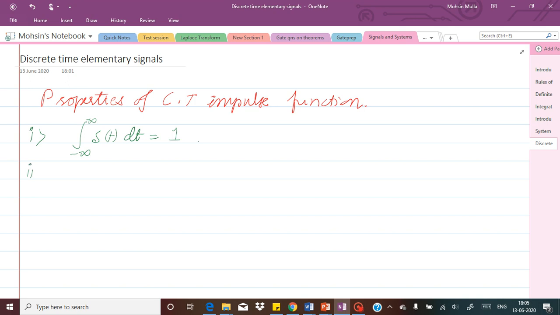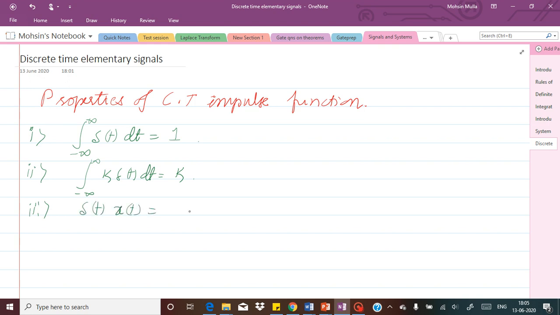Similarly, the second property: if a constant k is multiplied with the impulse function and it is integrated, then that will be equal to k.